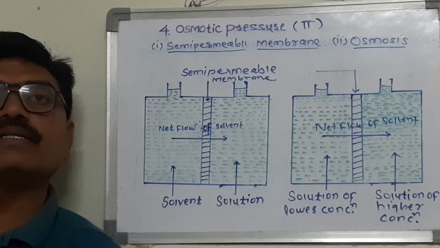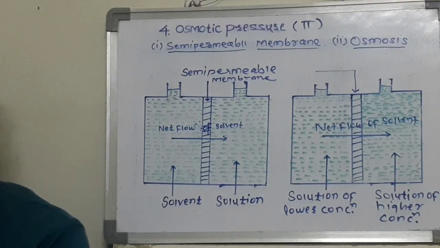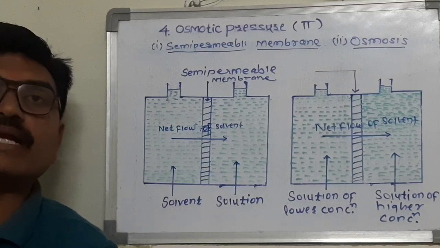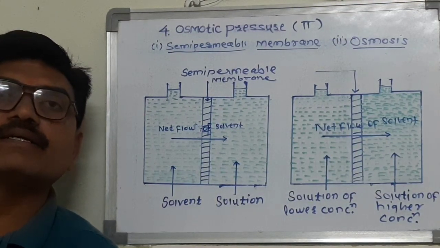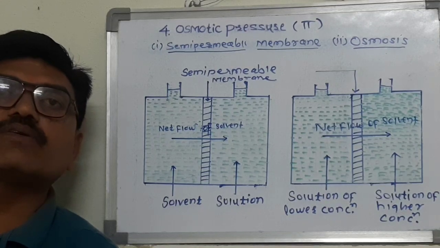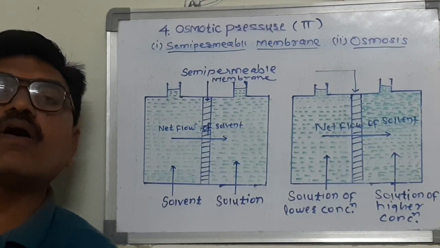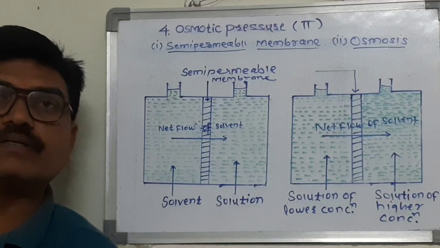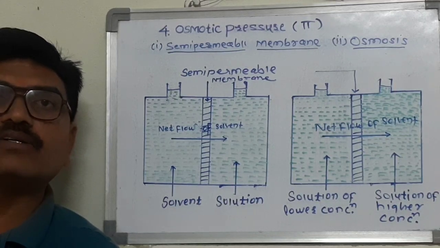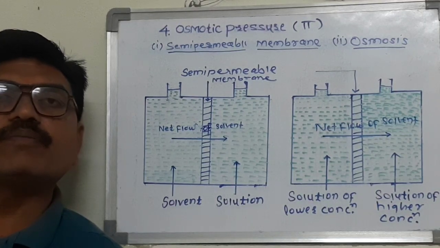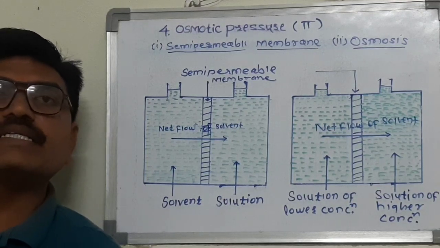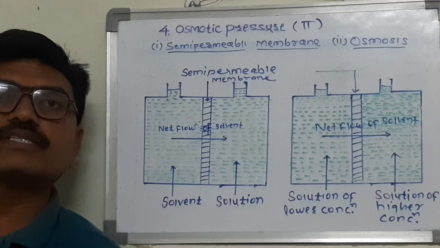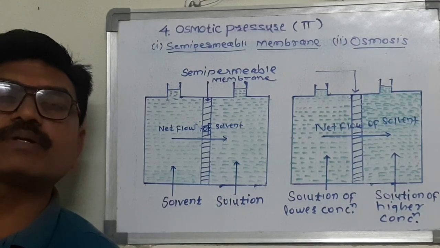Another example is the cellophane membrane, a thin film made up of cotton or wood pulp. Cellophane membrane is a transparent paper.